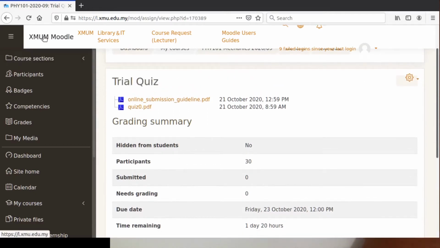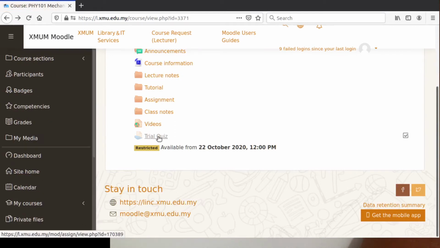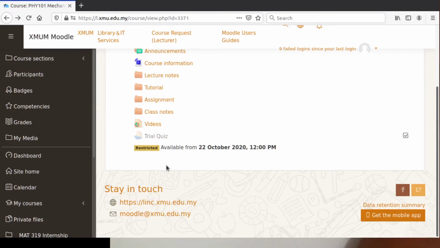Then, before the due date, you submit your answers onto this part here. There's a button for you to submit, and then just write your answer. It doesn't matter how you write your answer, as long as it is PDF format, so that you can upload to the Moodle. Any question?